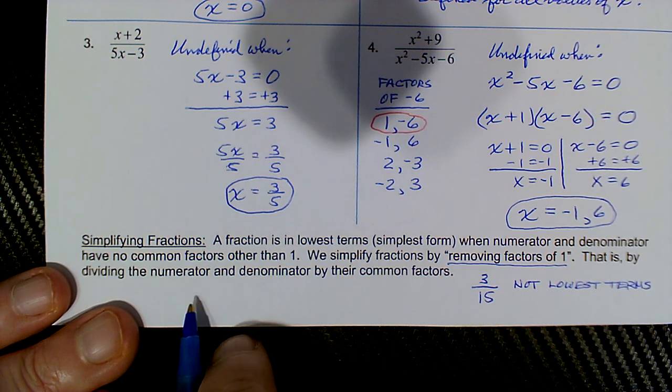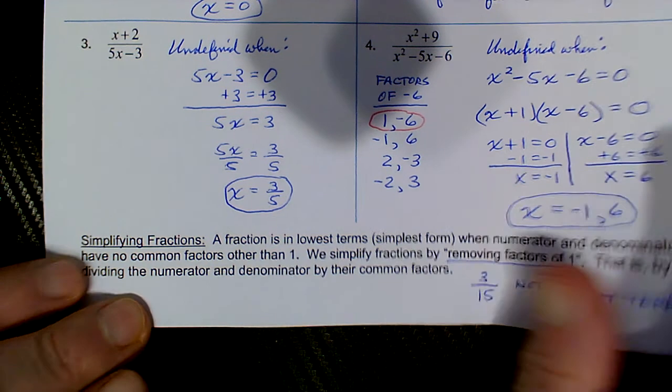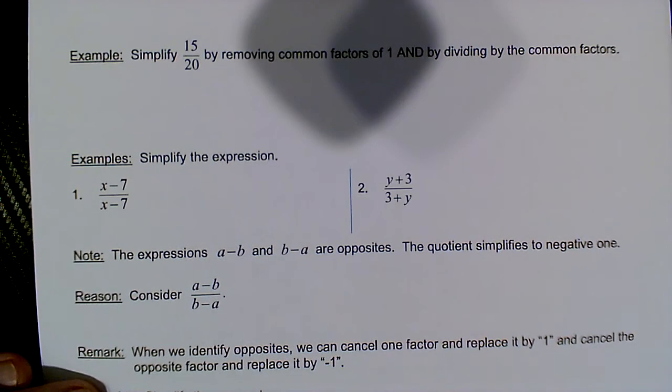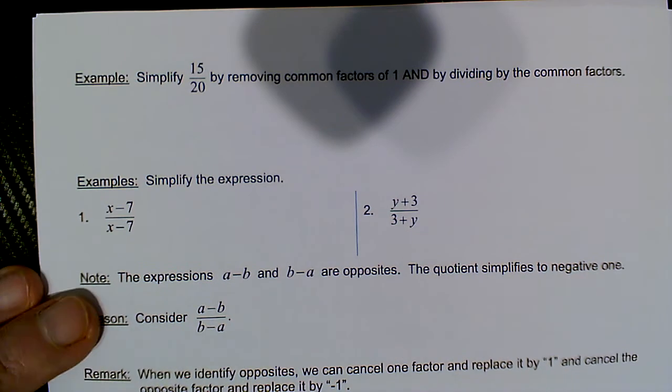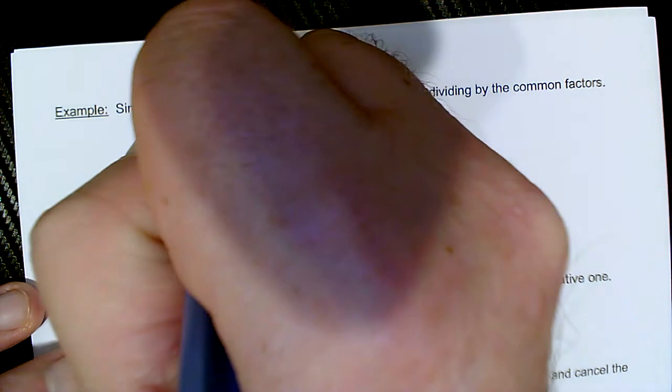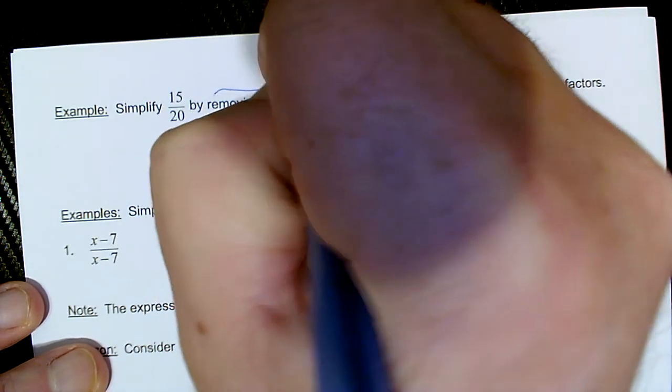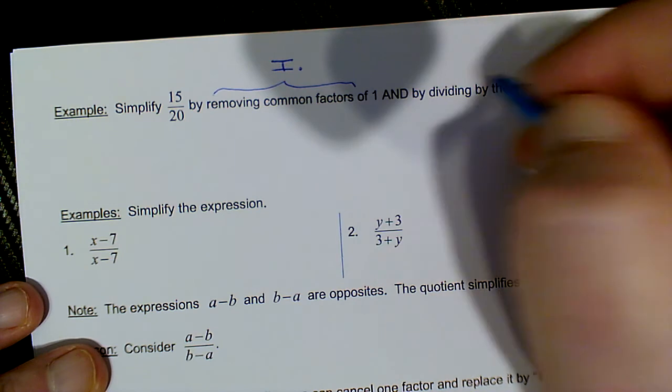So we'll show an example of the two methods that are used through this simple example here. We'll show removing common factors, which I'll call method 1, Roman numeral 1, and then dividing by the common factors, we'll call that method 2.